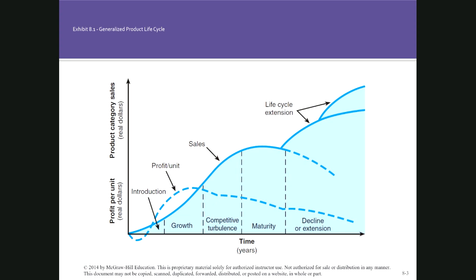So I'm not going to ask you any questions about competitive turbulence or the shakeout stage, but this is their picture, so we'll use it. If you remember, the product life cycle holds that product sales change over time in a predictable way, and that most products go through a series of 4 stages. They claim 5, we're going with 4.